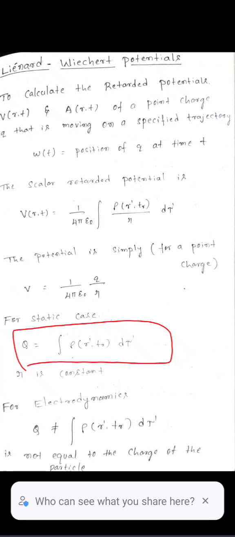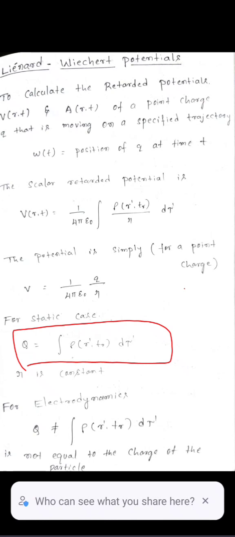For the case of electrodynamics, the charge is moving. In this case, the volume integral of rho of r prime comma t_r d tau prime is not equal to the charge of the particle.